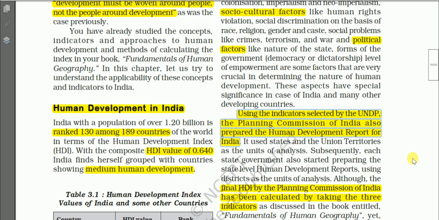So for today only up to here, and tomorrow we shall discuss the indicators in addition to these key areas used by the UNDP. We shall discuss tomorrow.